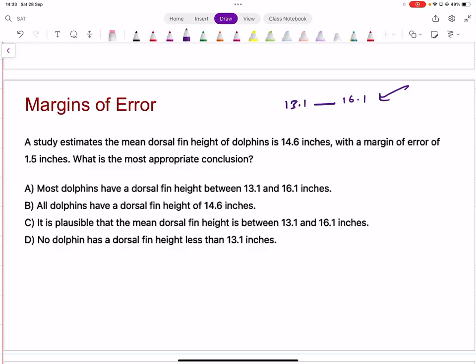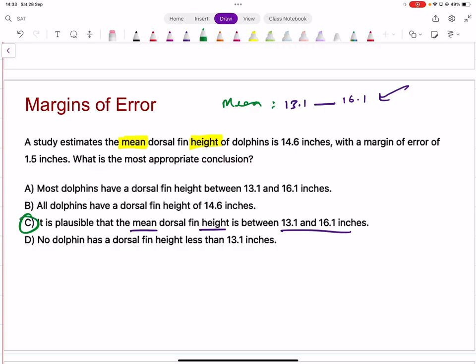It's plausible that the mean height is between 13.1 and 16.1. Remember, we are studying the mean height. We're talking about the mean, and we're saying the mean is likely to be between 13.1 and 16.1. C is what matches that conclusion the most.